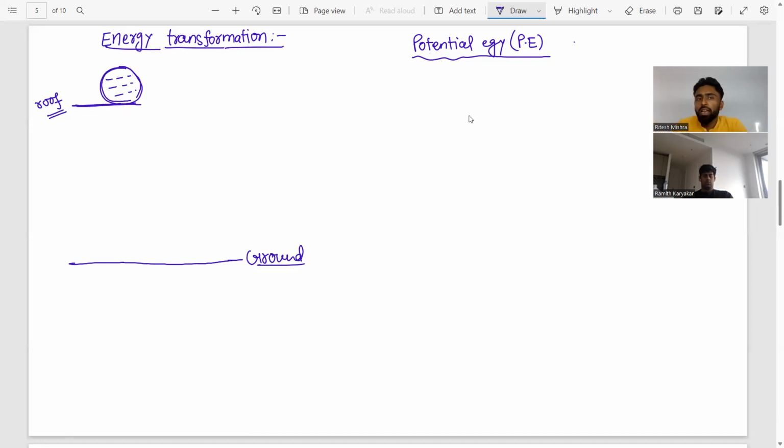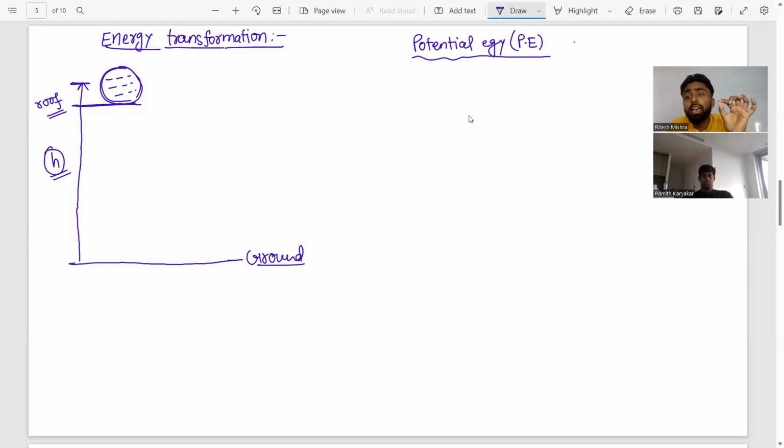Now, as we have seen, this balloon is at, let us assume, h distance from the ground. We can easily say that this balloon has been displaced from the mean position, or reference position, by h distance.